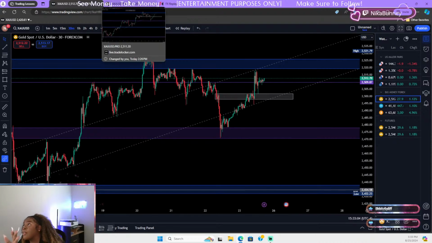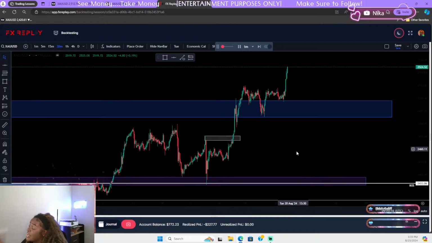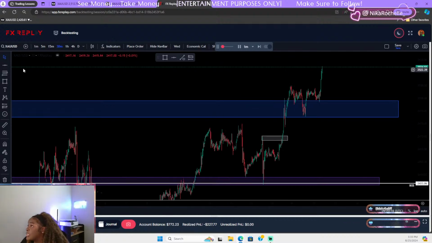So now I'm going to show y'all backtesting how I execute a trade. And this is Forex. So this is us backtesting gold Forex, which is XAUUSD.